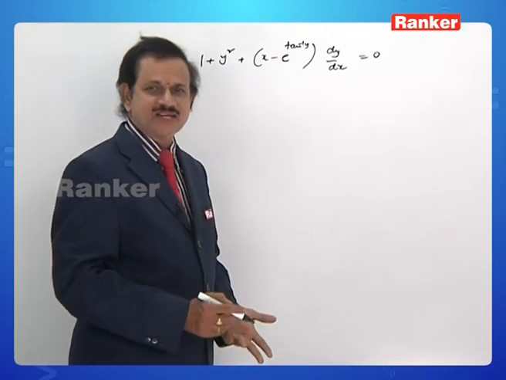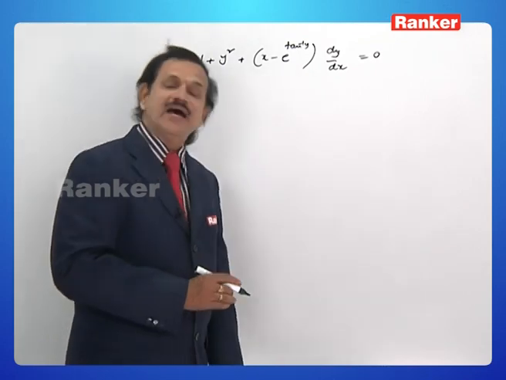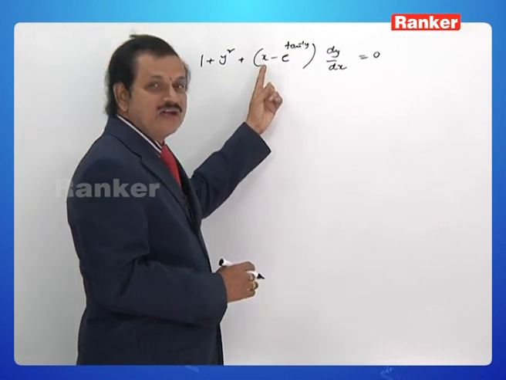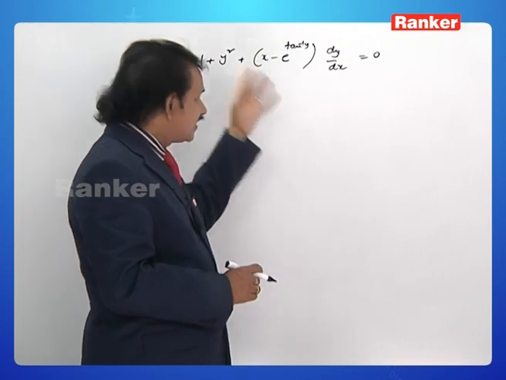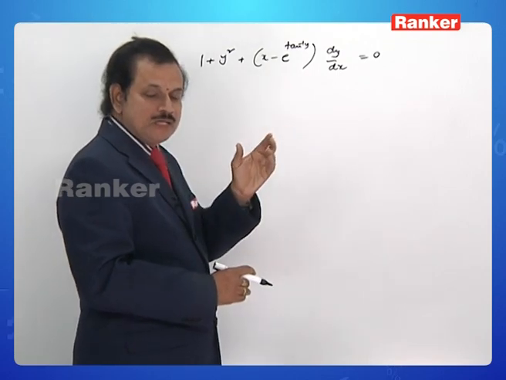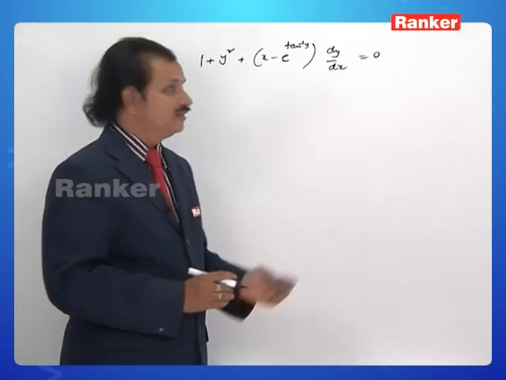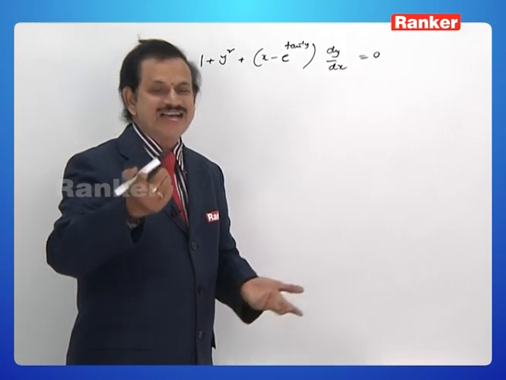Thereby, we say that it is not linear in y. At the same time, x is present just at one place and with first degree. Therefore, by simply looking at the question itself, you can trace that this is not going to be linear in y, but it can be linear in x.